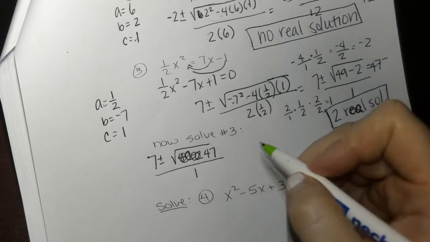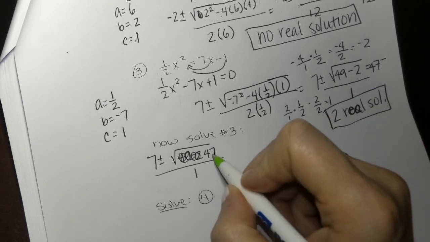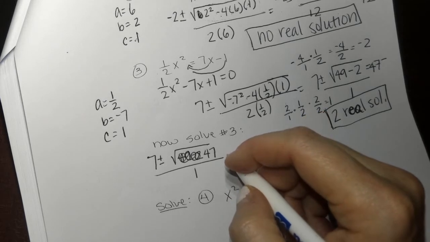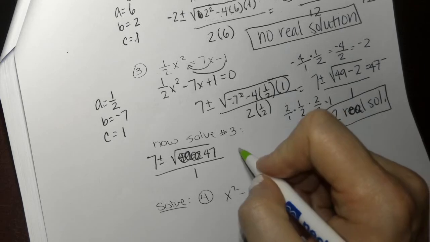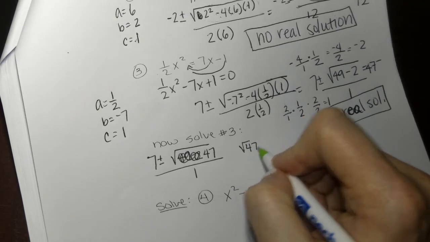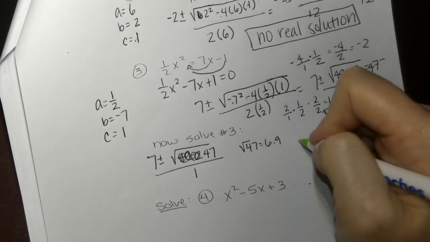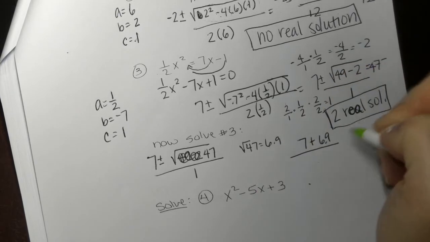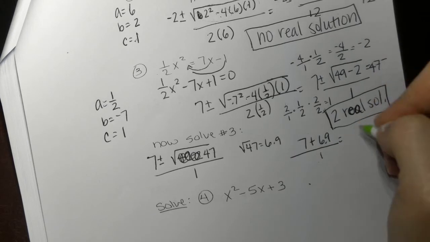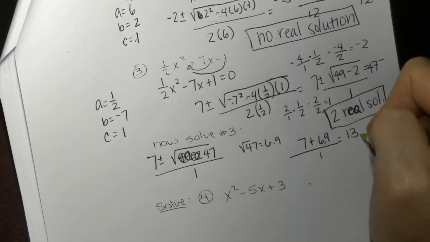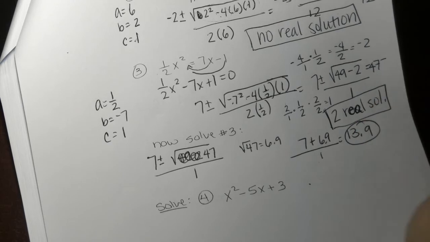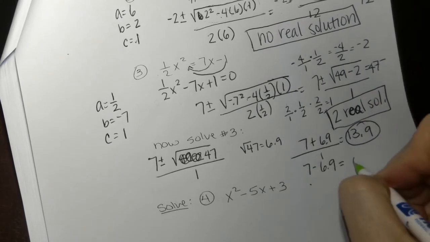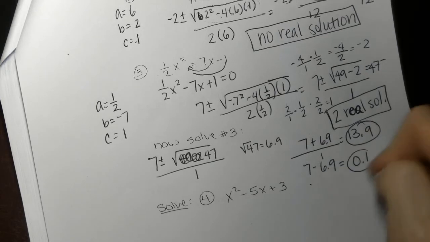When you do the square root of 47, you get 6.9. So 7 plus 6.9 over 1, that's going to be 13.9. That's one solution. 7 minus 6.9 is 0.1. That's your other solution.